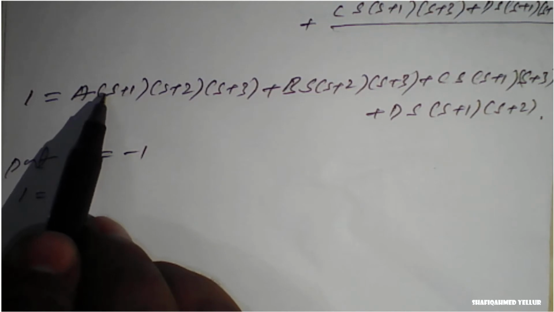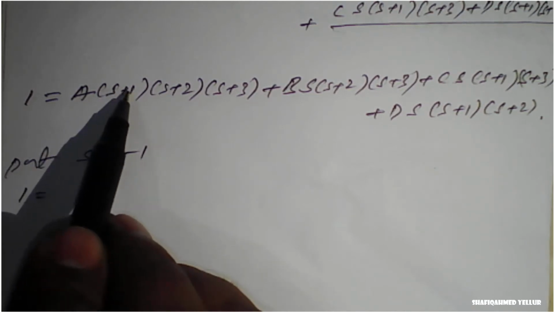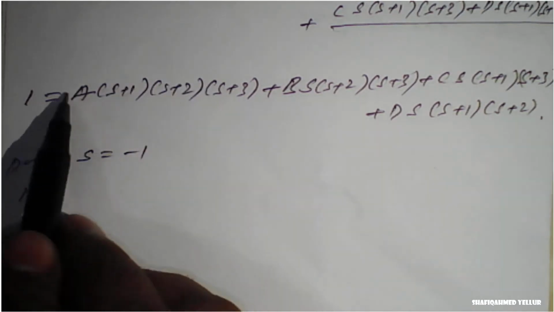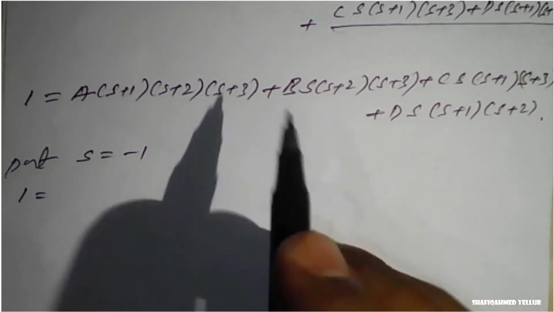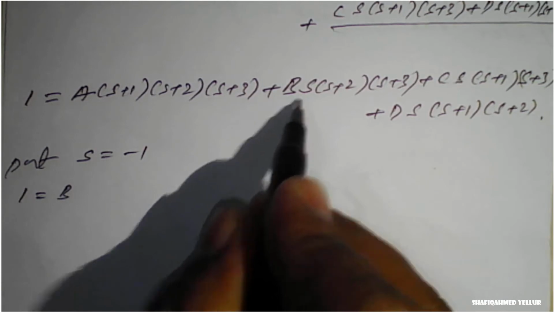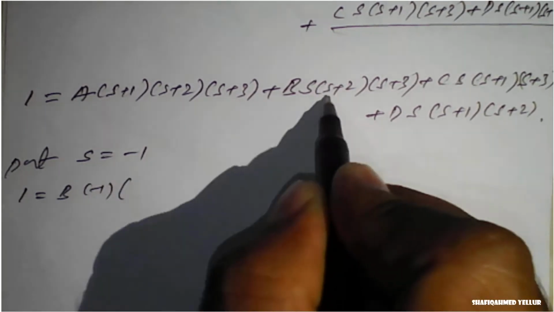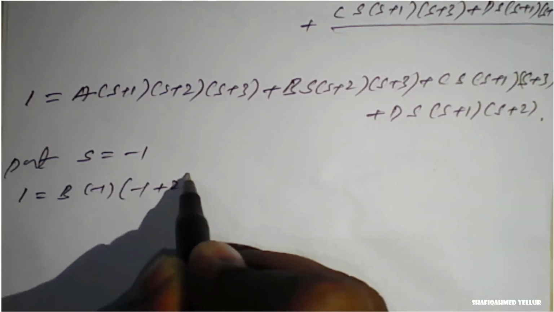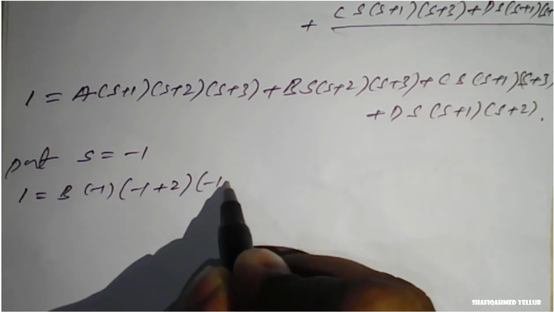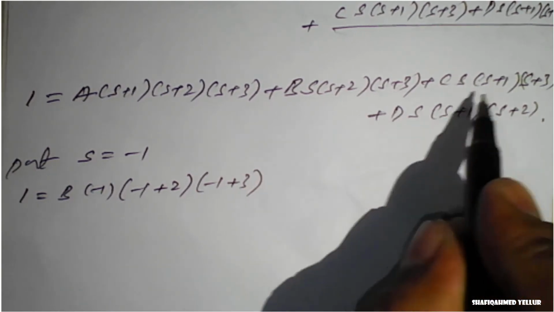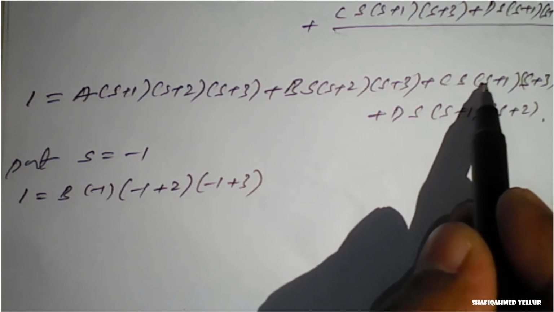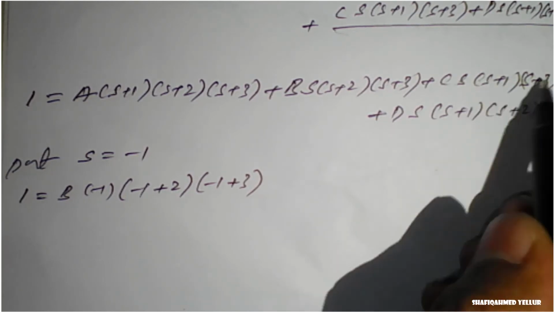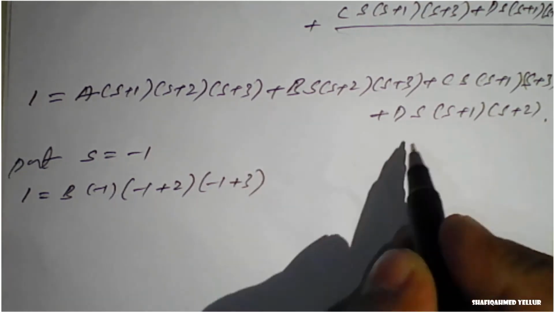If I put s is equal to minus 1, minus 1 plus 1 will come out 0, 0 into this completely will become 0, so here b into s is minus 1, minus 1 plus 2, minus 1 plus 3, so here we have s plus 1 bracket, so if I put s is equal to minus 1, minus 1 plus 1 becomes again 0, so this completely will become 0, I will leave that one.